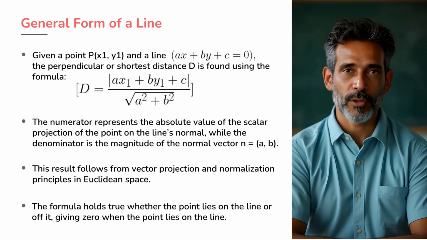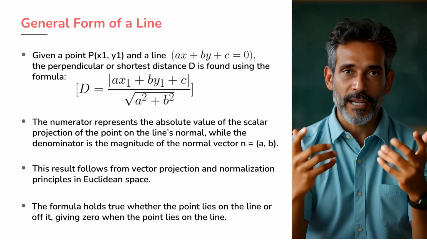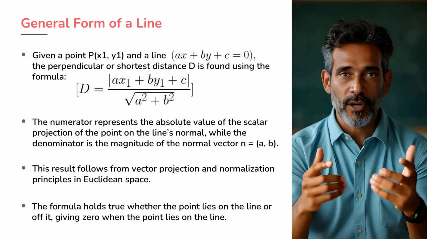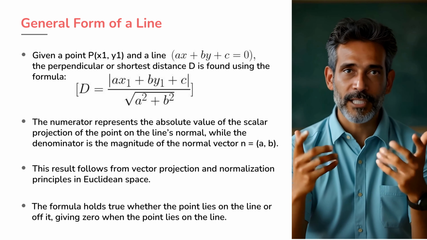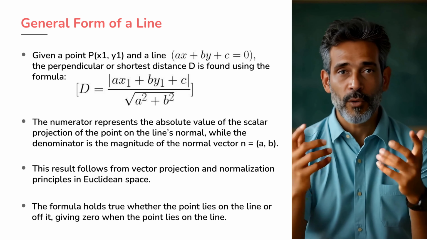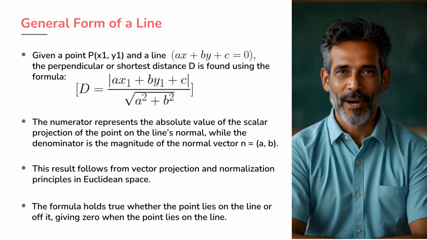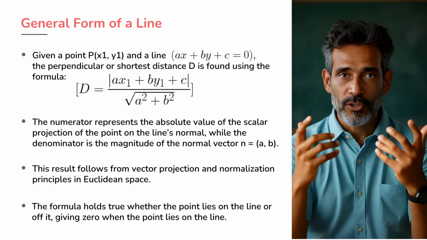Suppose we are given a point P with coordinates (x1, y1), and a line written as ax + by + c = 0. The perpendicular or shortest distance, d, from the point to the line is given by the formula: d equals the absolute value of ax1 + by1 + c, divided by the square root of a squared plus b squared.